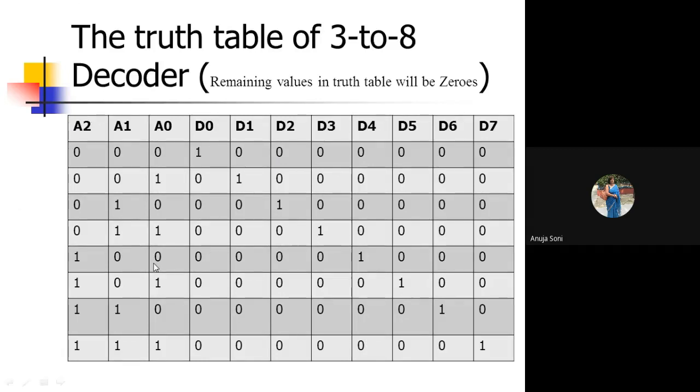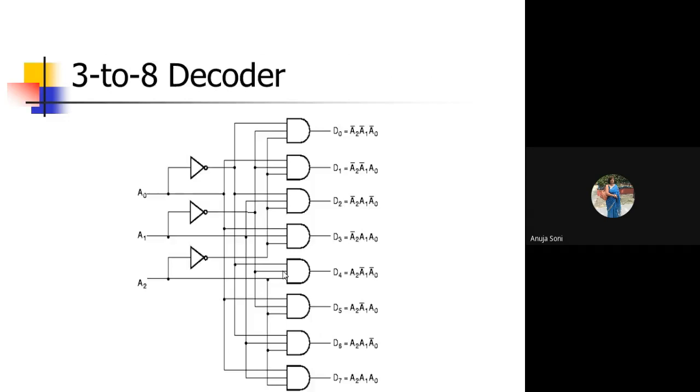In the top 4 rows, the value of A2 is 0, and in the lower rows, the value of A2 is 1. Whenever its value is 0, one 2:4 size decoder will work, and whenever its value is 1, the other 2:4 size decoder will derive the output values, and that way it is made functional. Okay.